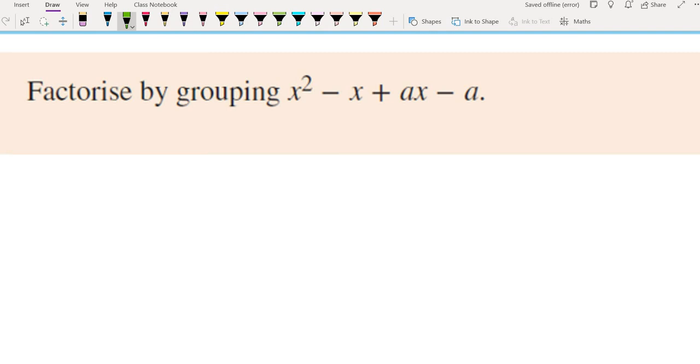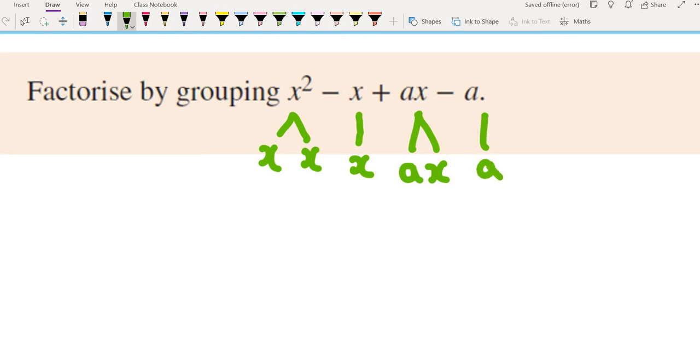However, what we will do instead is look at what each of these terms has in terms of its factors. So x squared is made up of x times x. This one's made up of a times x, and this one's made up of a. So as you can see, there's a bunch of common terms here.